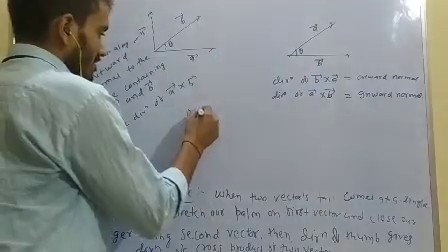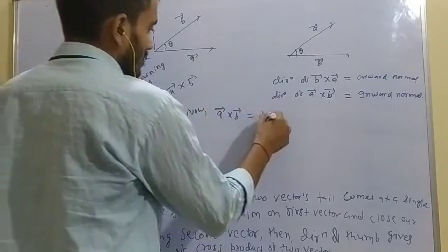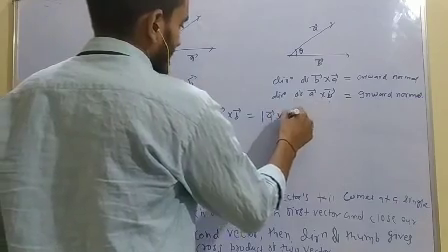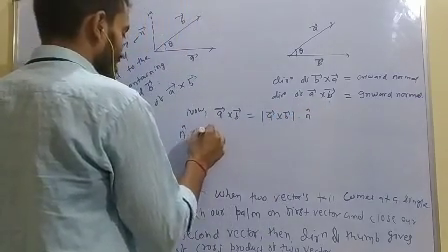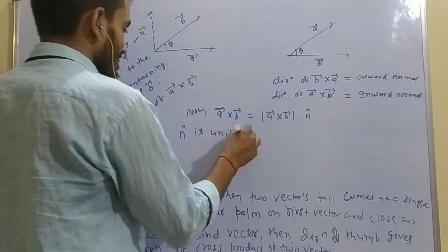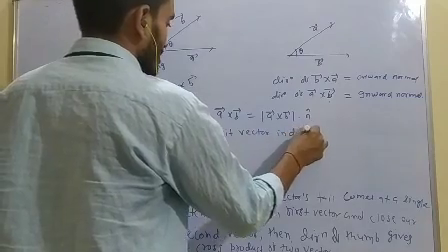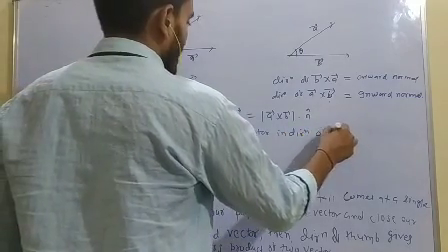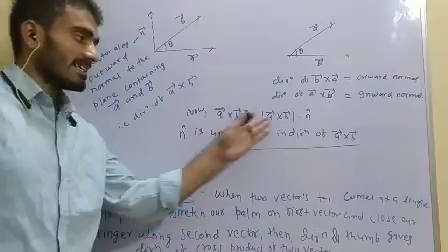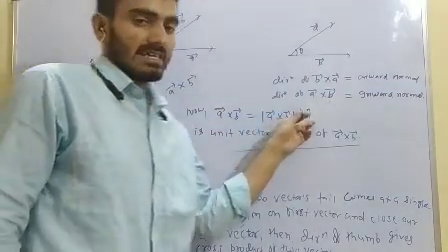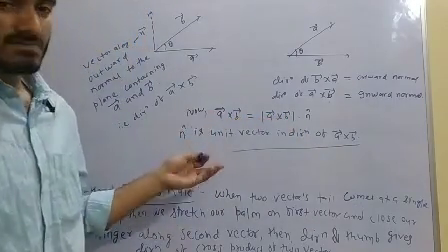Now vector A cross vector B equal to magnitude of vector A cross vector B into n cap. N cap is the unit vector in the direction of vector A cross vector B. This is the magnitude and this is the unit vector, so this is a vector.